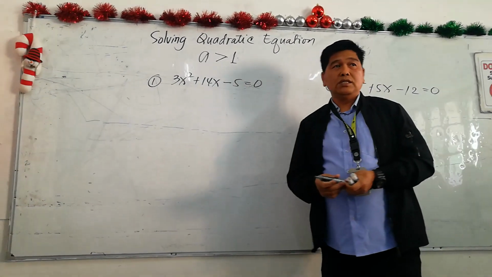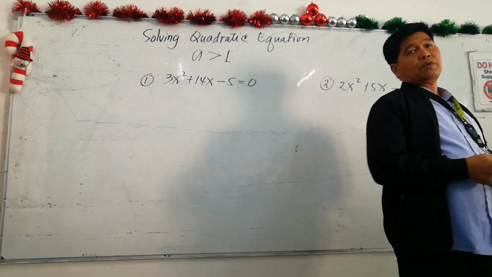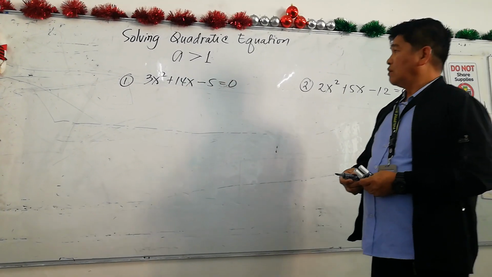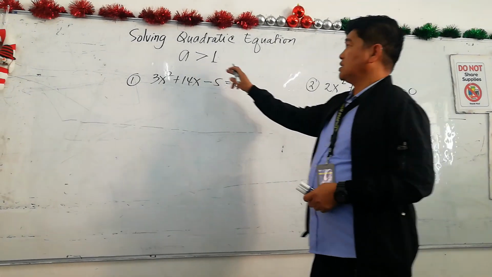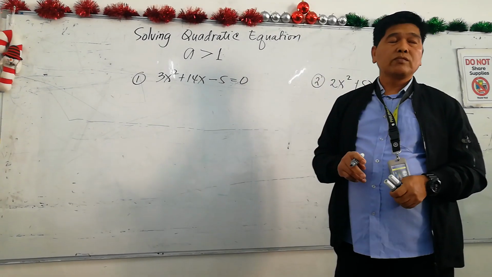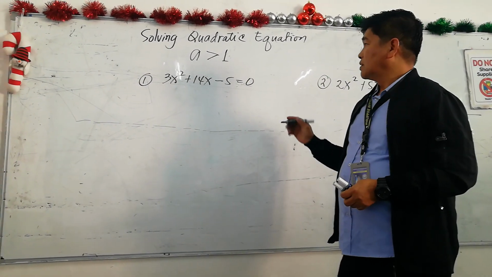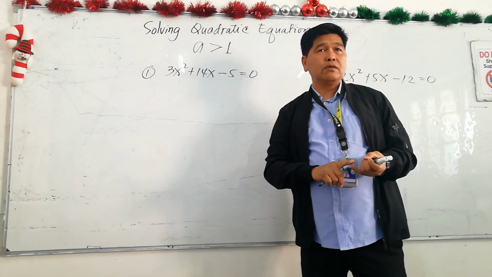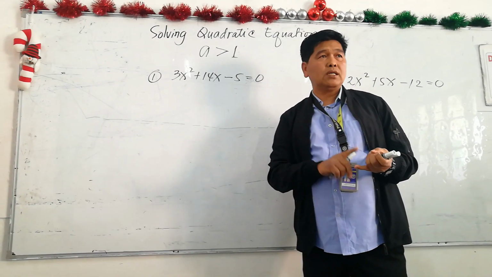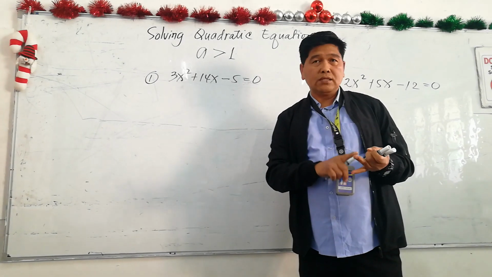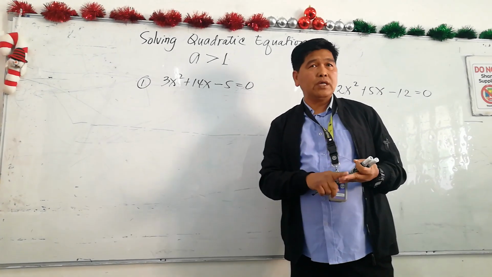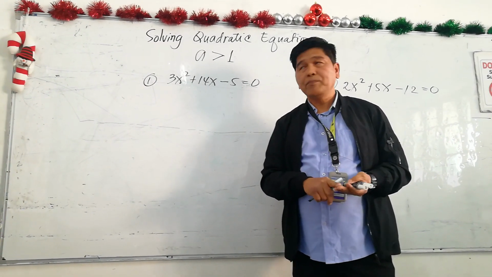Okay, so this is another way to solve a quadratic equation in one variable wherein a is greater than 1. Before, we solved quadratic equations by extracting square roots, completing the square, factoring, and the quadratic formula.